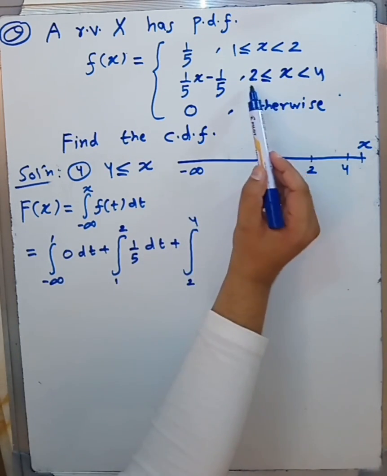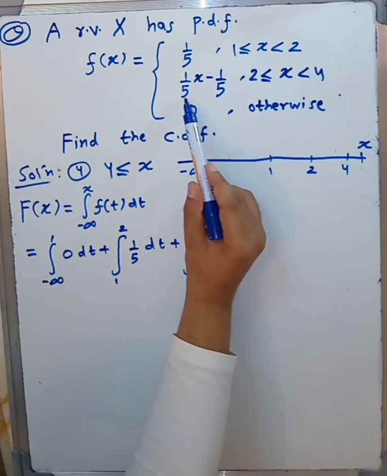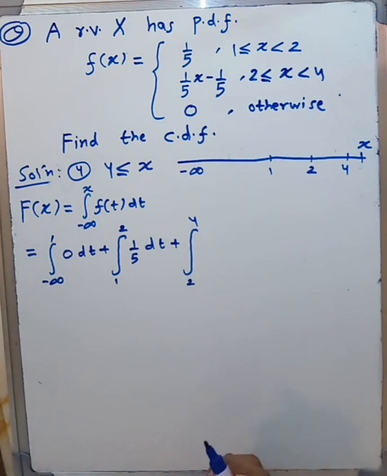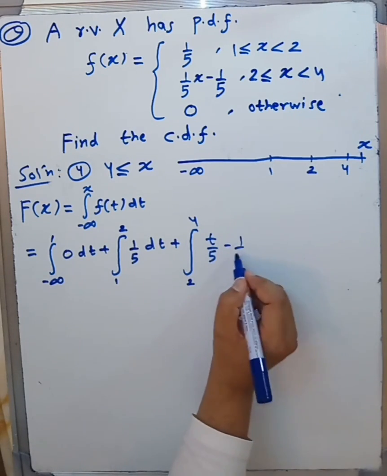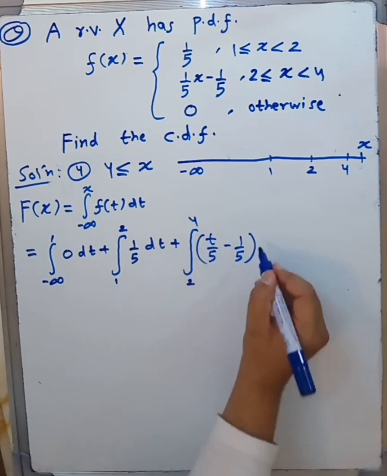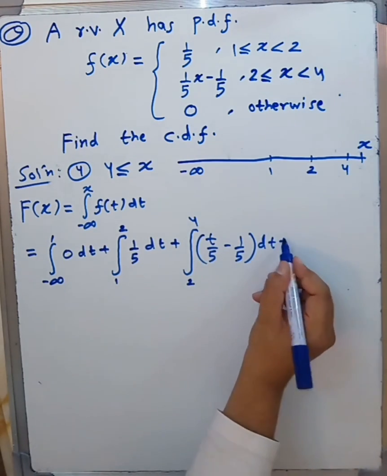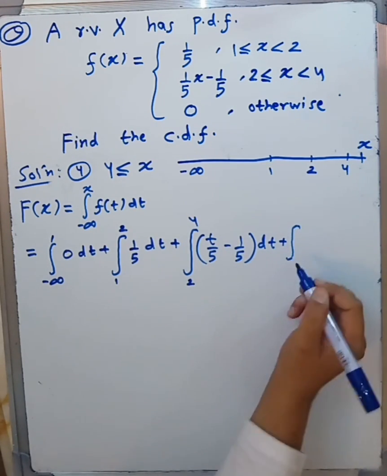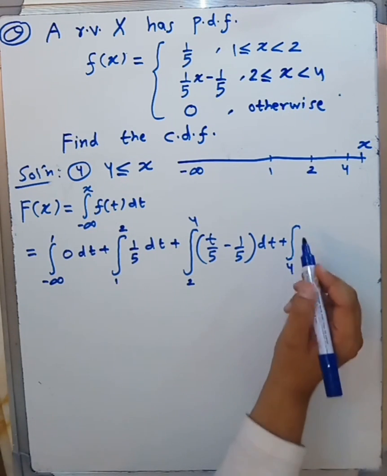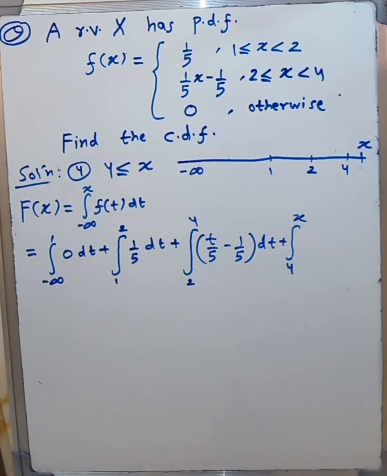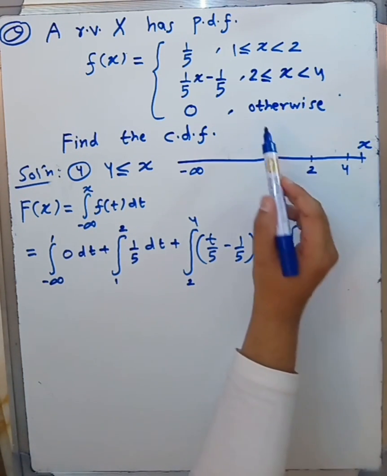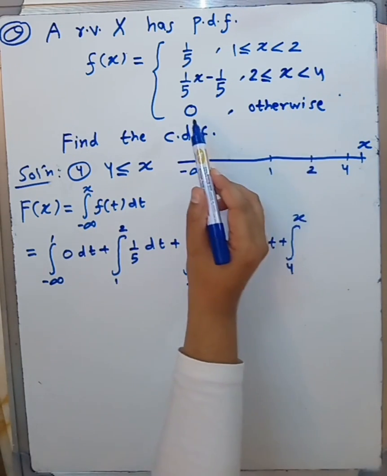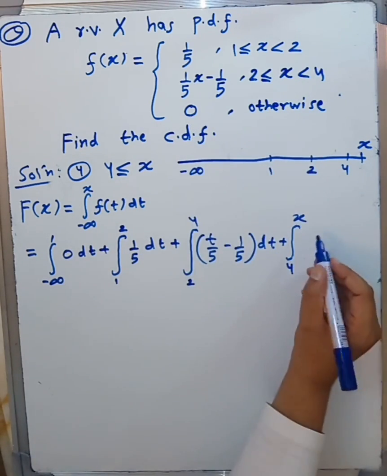In this case, the value of the PDF is x by 5 minus 1 by 5. So we have t by 5 minus 1 by 5, plus fourth integral, integral 4 till x. So when x is greater than 4, then also the value of the PDF is 0.